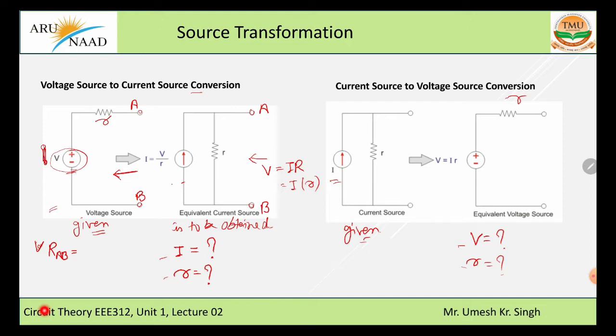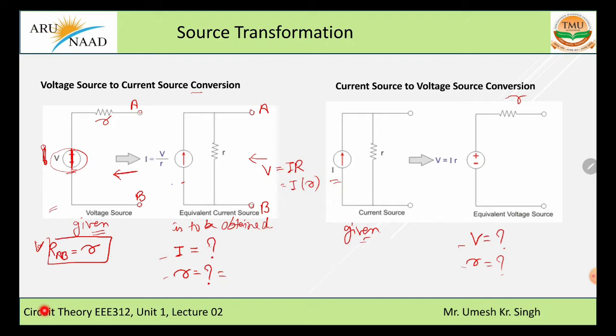So if we short circuit this, the resistance between A and B is R. So the value of resistance doesn't change when we convert the voltage source into current source or vice versa.